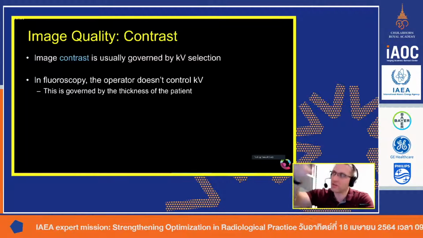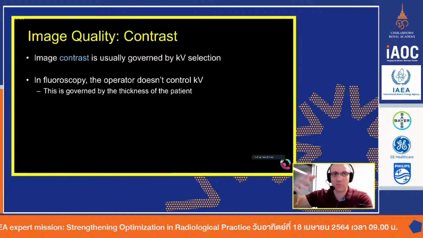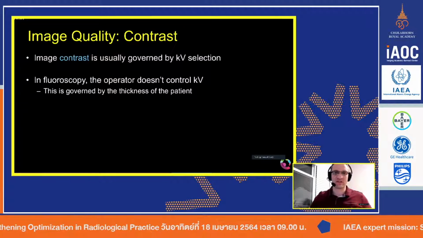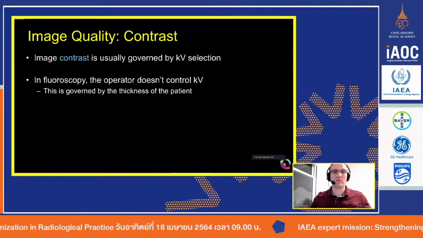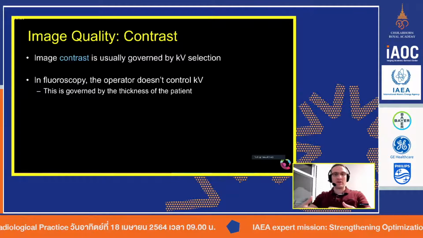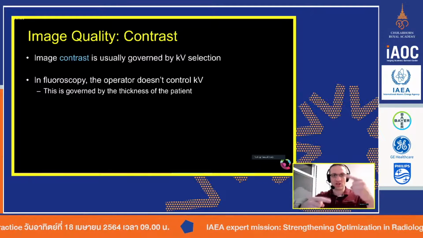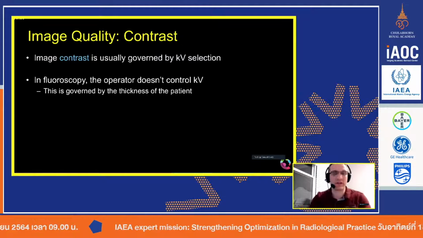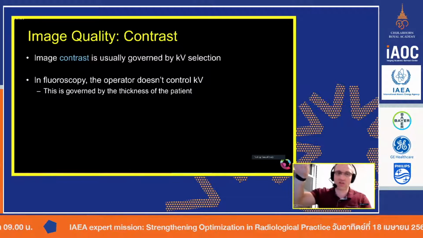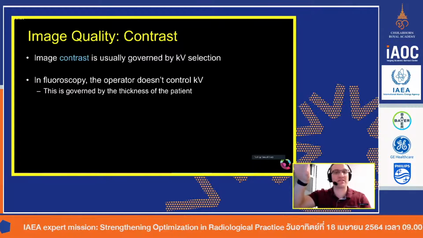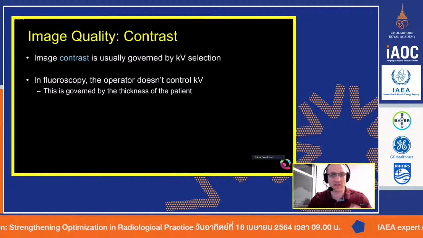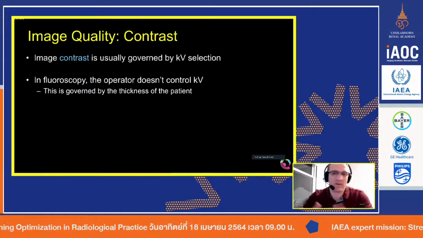When you're looking at the monitor in that room and you pan from, say, the chest, which is mostly air, so not a lot of attenuation, to an abdomen, even a big abdomen, the system is going to change the dynamics of kV, mA, and a few other things so that the image brightness stays the same.